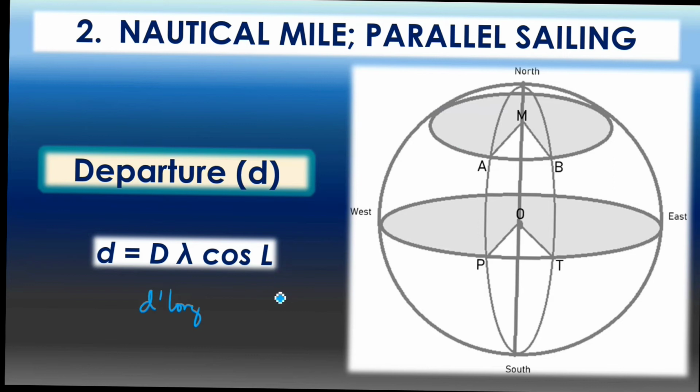Then the latitude, we have the lat. Difference in latitude is the lat. You may see short terms or symbols for difference in longitude, difference in latitude, longitude, and latitude.